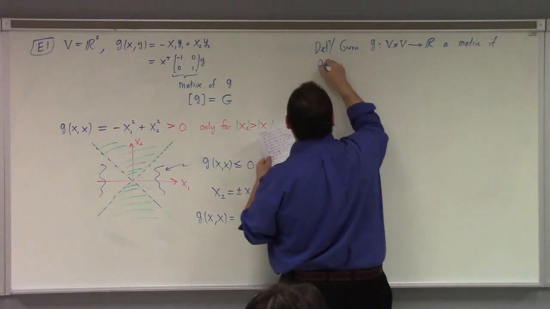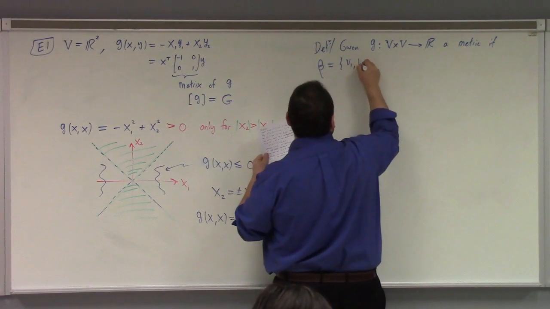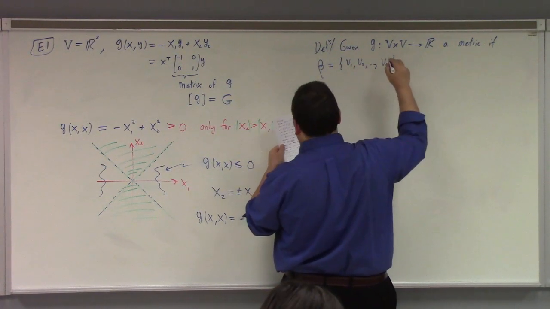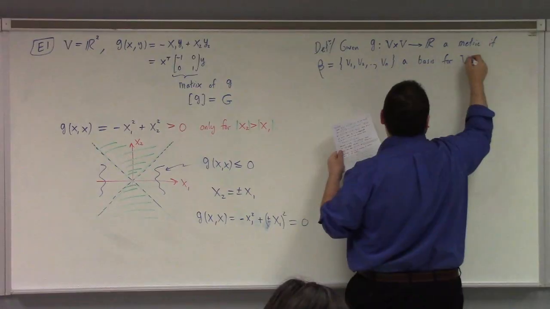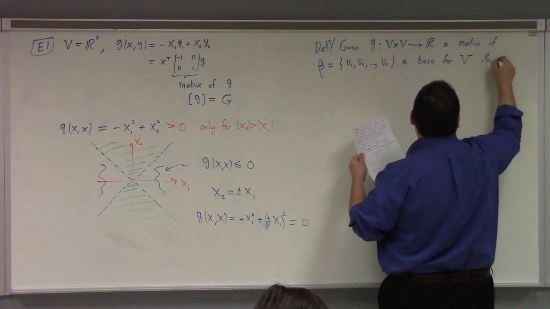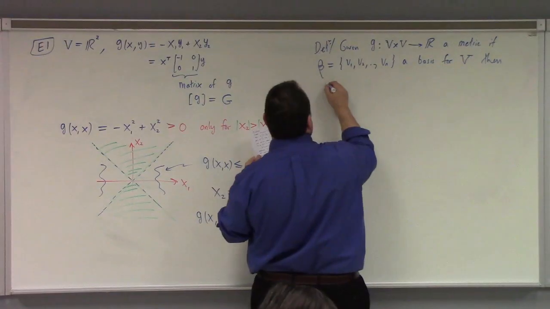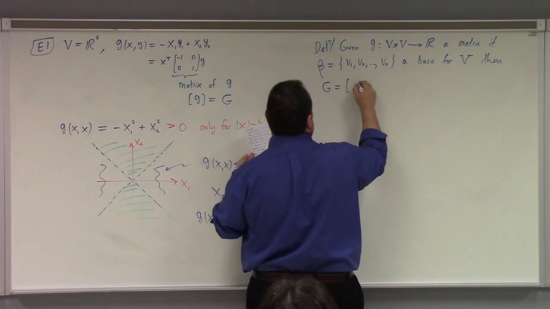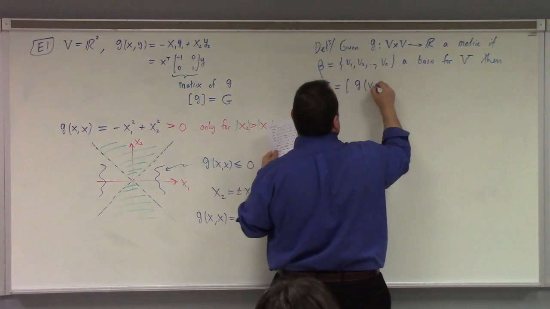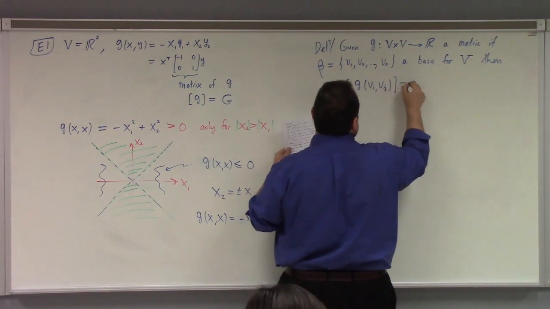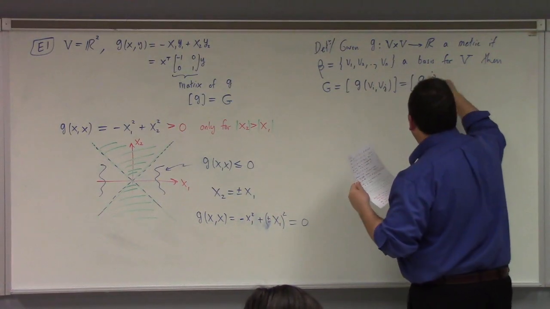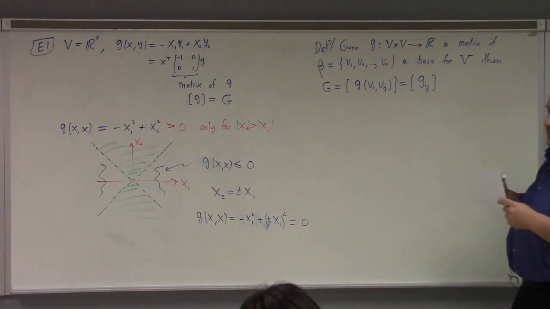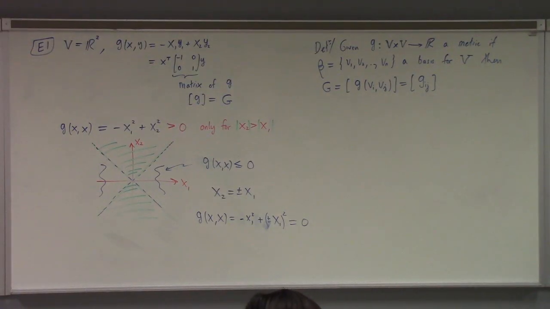If we have a basis beta equal to v1, v2, ..., vn for V, then G is given by G of vi, vj, which we can also call G lower ij. The components G_ij with respect to the basis are the matrix of G with respect to the basis beta.